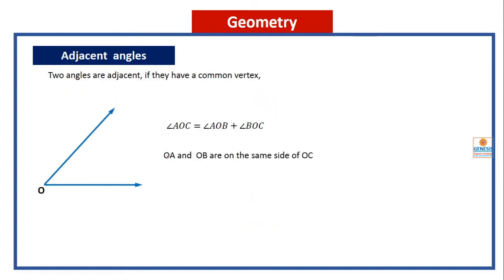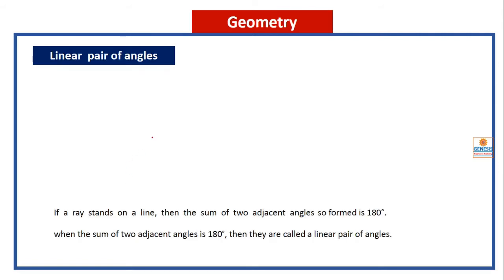Next, adjacent angles. If two angles are adjacent with the same common vertex, this is the vertex, then alpha and theta are called adjacent angles. Got my point? So angle AOB is theta, angle BOC is alpha, then alpha and theta are called adjacent angles.